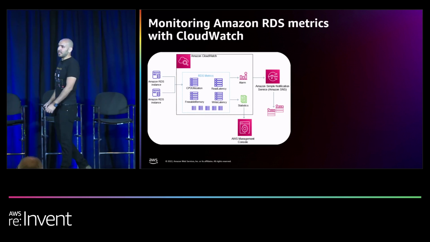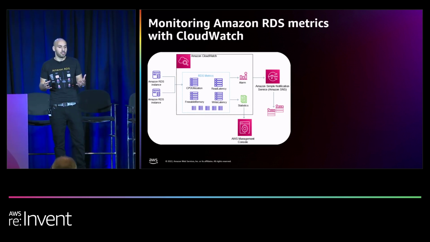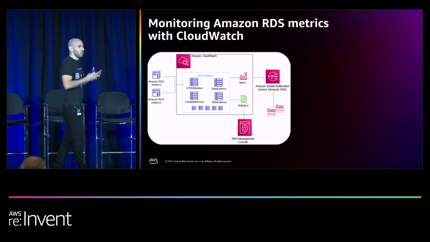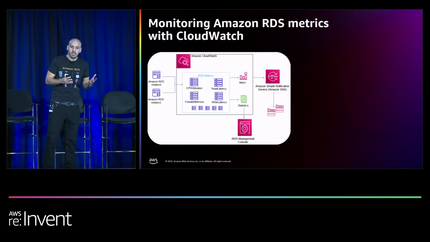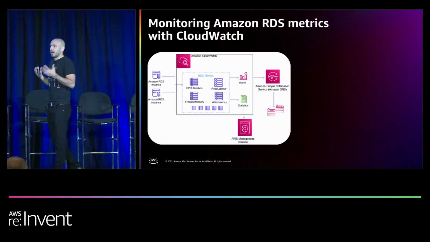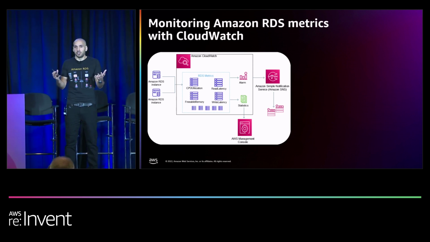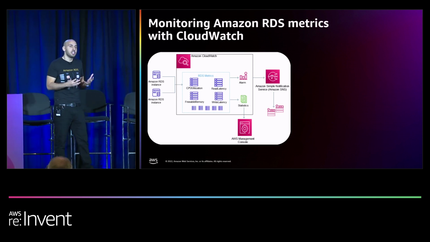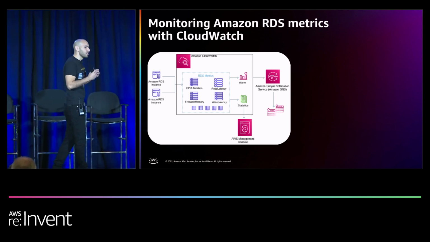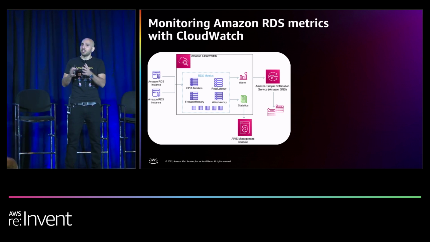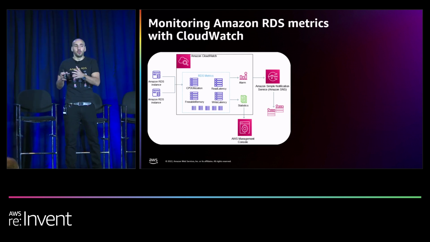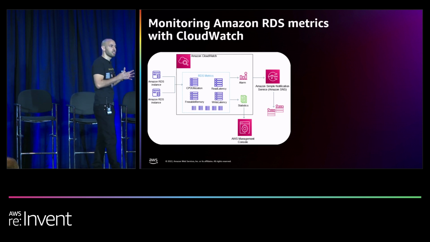Let's start with the instance level. We mentioned Amazon CloudWatch and how it is a good tool for monitoring instance-level metrics. One of the great things about Amazon CloudWatch is the alerting, so you can create alarms. It has out-of-the-box integration with Amazon Simple Notification Service, Amazon SNS, which is a fully managed messaging service.